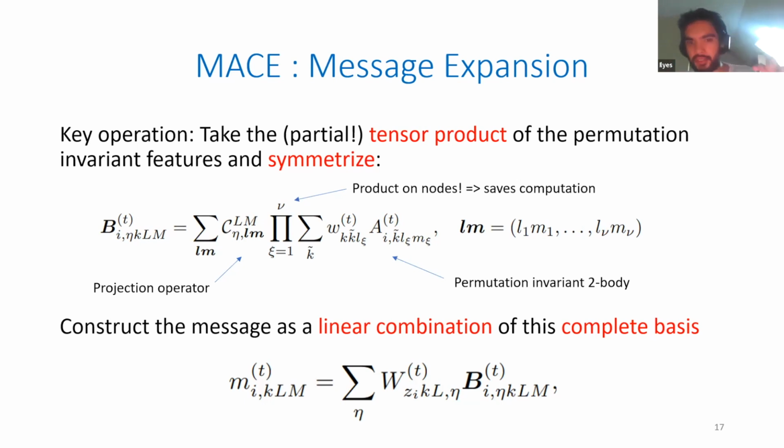And this eta exists because you do a projection from the tensor product space, which is a very large product space, to a subspace, which is the subspace of only equivariant features. And obviously, this subspace is smaller. So you will have equivalent things going on.